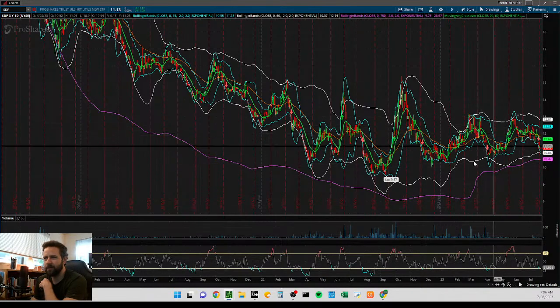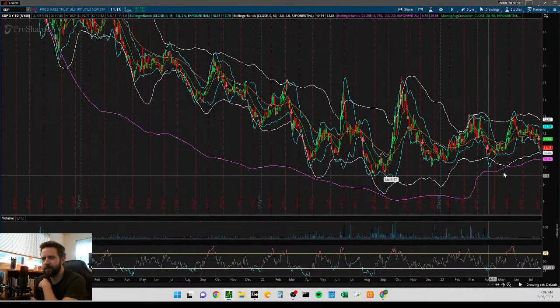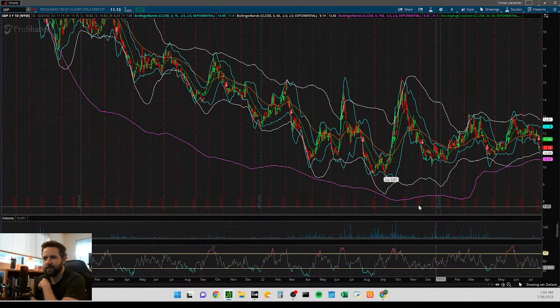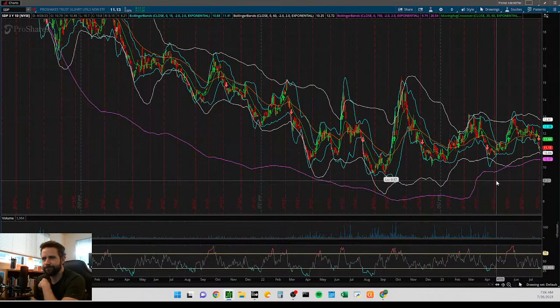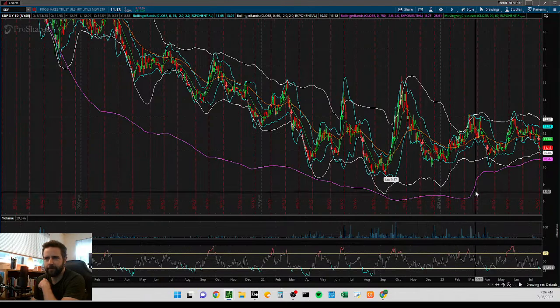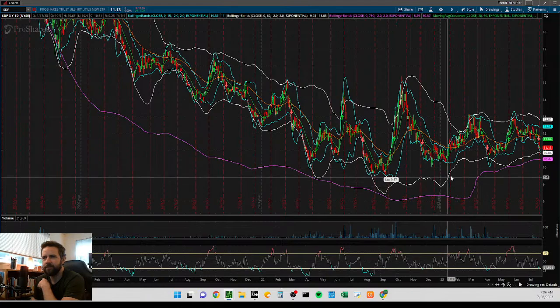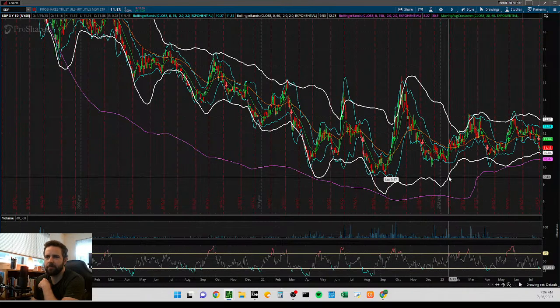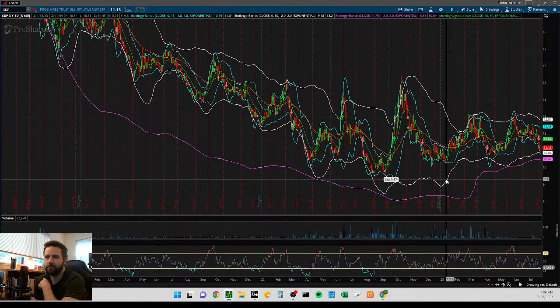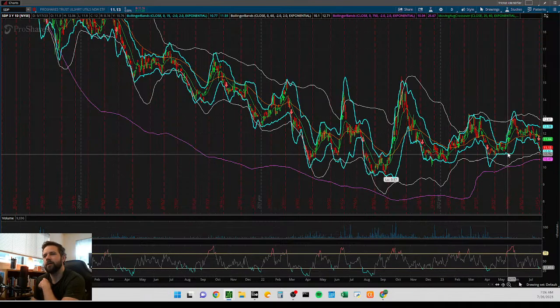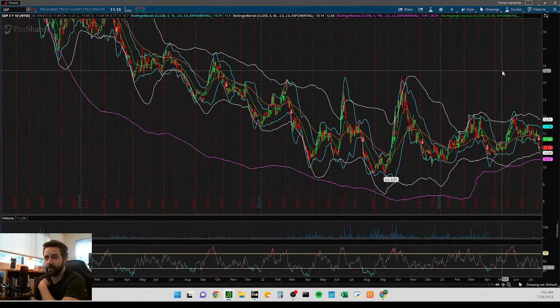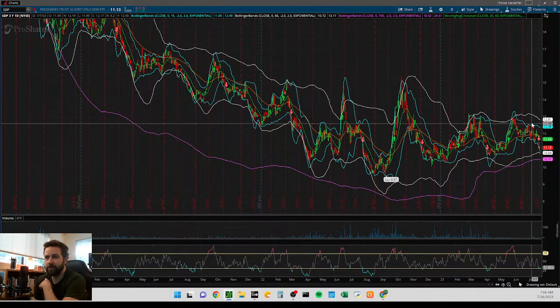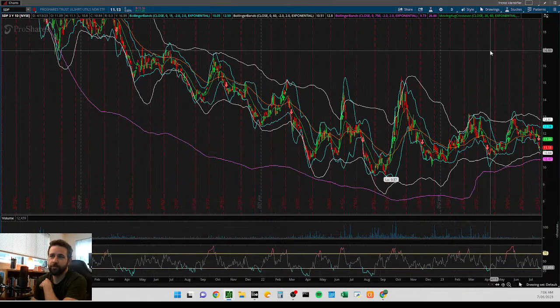I also think it's these longer term signals. This is your 3-year trend. This would be your 3-month trend. And then the blue would be your 3-week trade. And these are volatility bands, just Bollinger Bands.